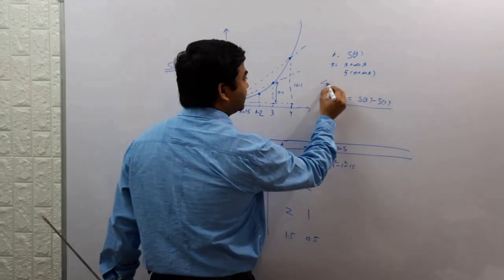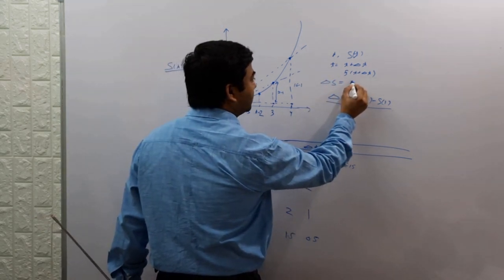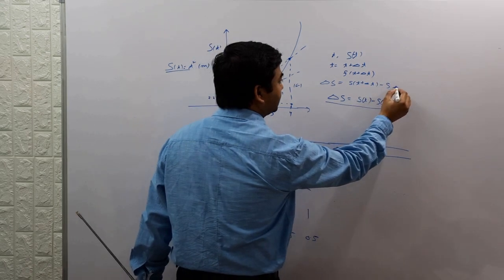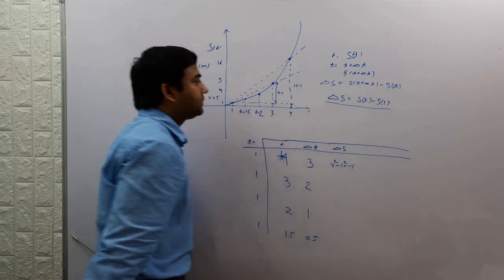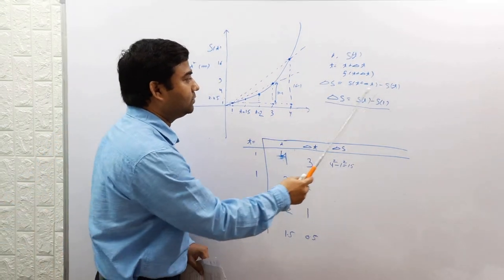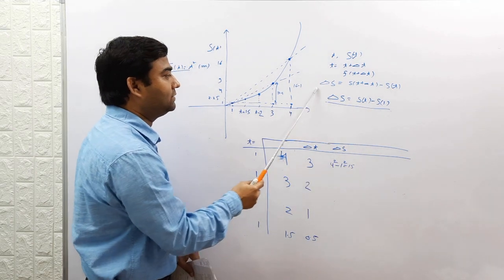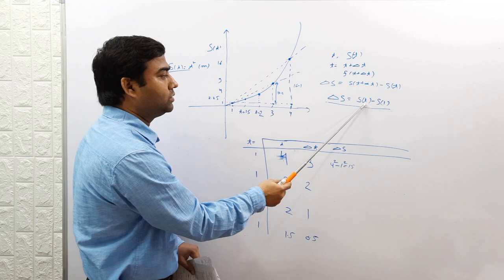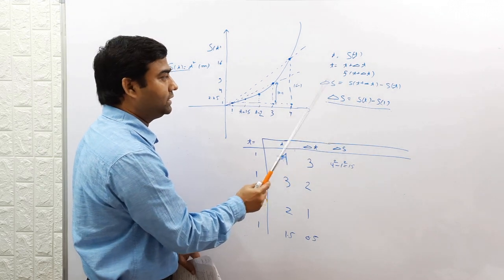So delta s is equal to s(t plus delta t) minus s(t). In terms of delta t, you can find displacement from this, between t equal to 1 and any instant of time. You can find delta s.